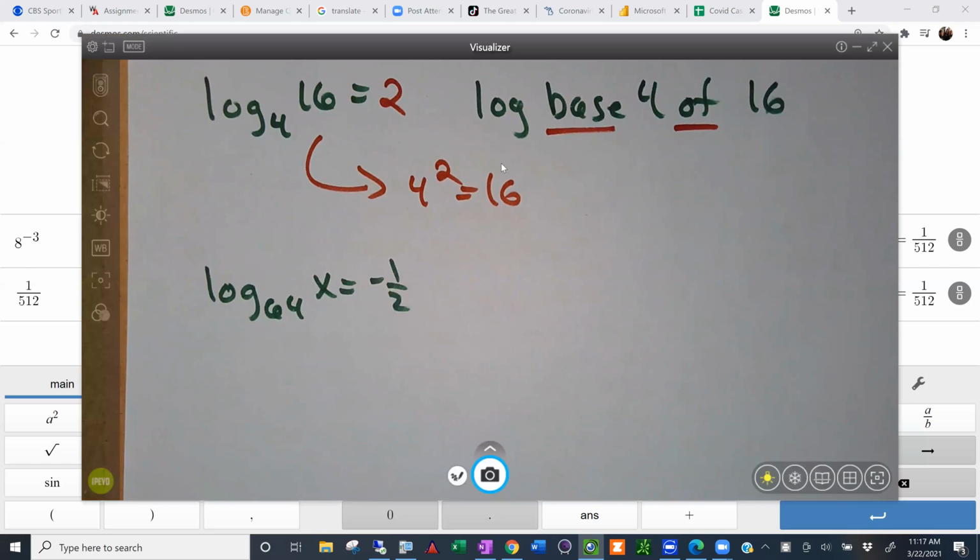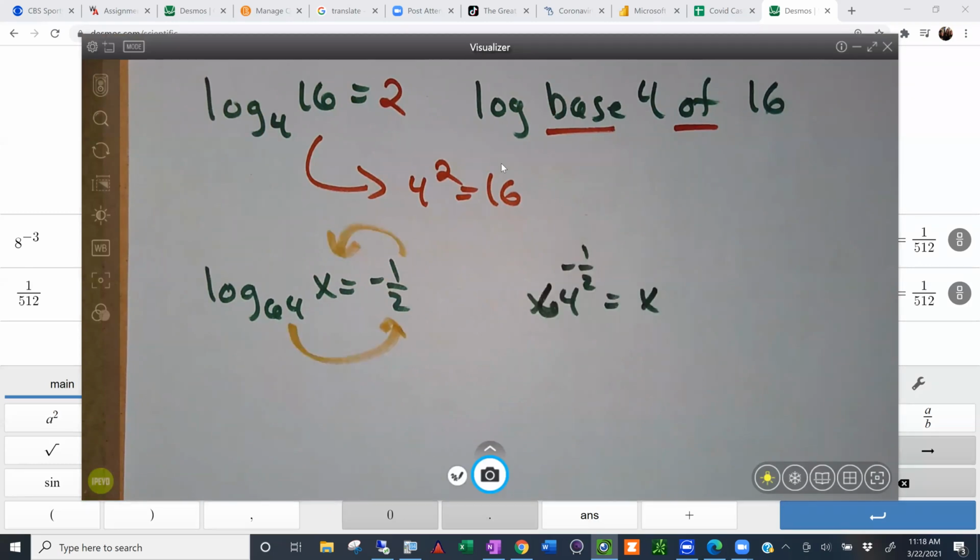Anyone want to share with me? What to what power equals what? 64 to the -1/2 equals X. Beautiful, beautiful. 64 to the -1/2 equals X.